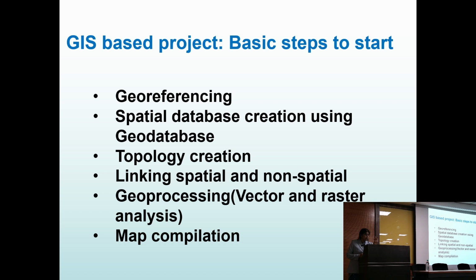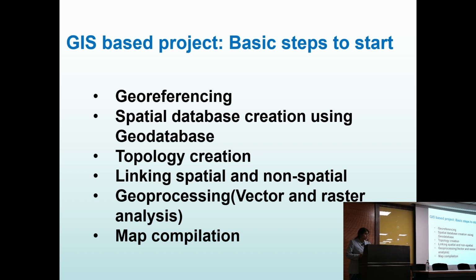One is discrete, another is continuous, and the third is contiguous. Discrete is something which has a fixed boundary. Continuous means without any boundary, and contiguous means it is a continuous representation but with boundaries.